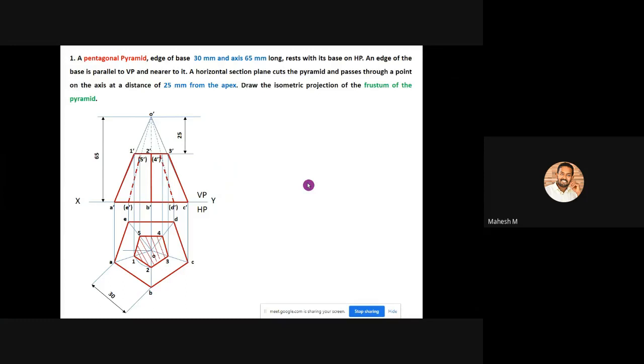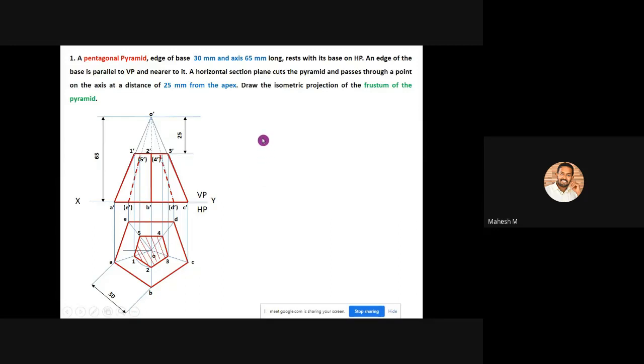What is called isometric projection? The angle between the three edges should be equal, and the length of the three edges should also be equal. That is the condition. For that, initially we have to create the base of our solid. The base angles should be 30° and 30°. That is our condition.